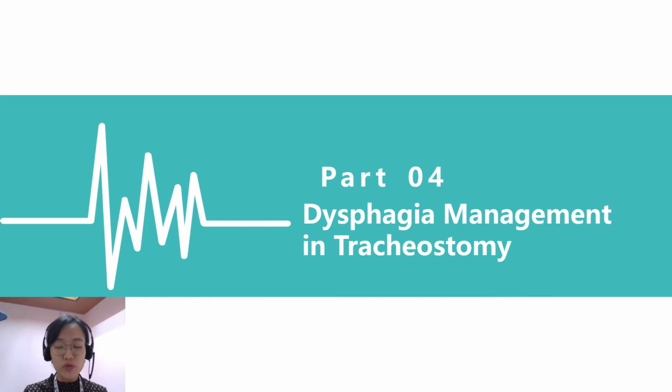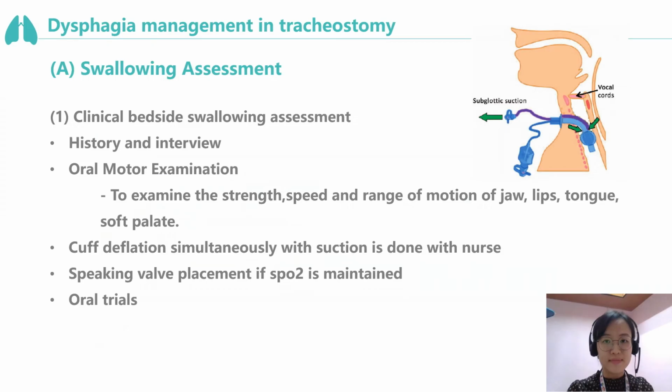Okay, so we move towards the last stage of our presentation, dysphagia management in tracheostomy. There are three types of swallowing assessment that we can conduct in patients with tracheostomy. The first one is a very common one, clinical bedside swallowing assessment.